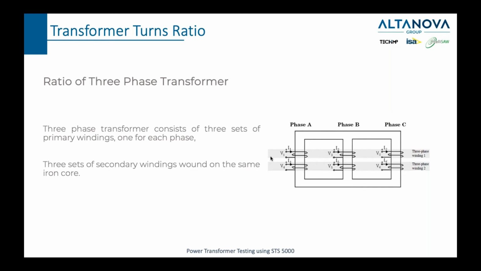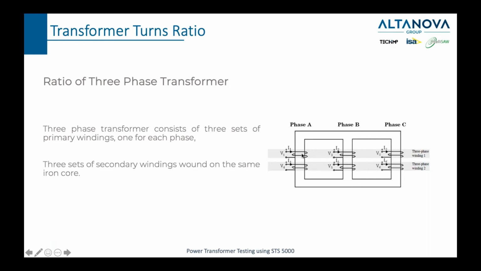Since the STS 5000 effectively has one high voltage output, what we practice in that case is connecting an STCS or STCS Plus, as mentioned before, which can then automatically switch from one phase to another and do the measurement for all 3 phases. If we have a 3-phase transformer, the core would look like this normally, and you would have phase A, phase B, and phase C, usually separated like we see in this picture.